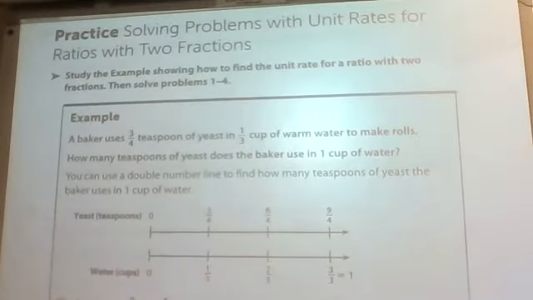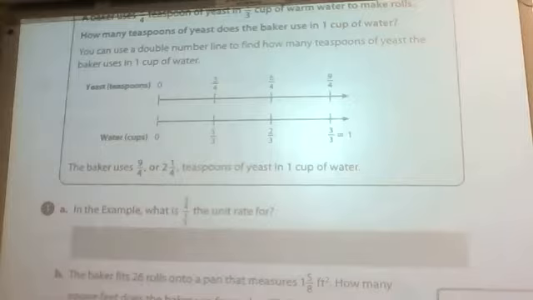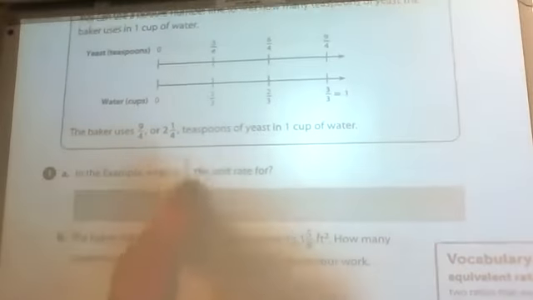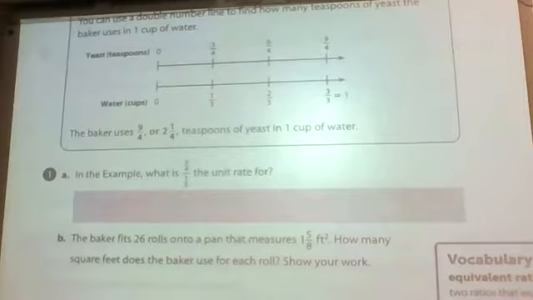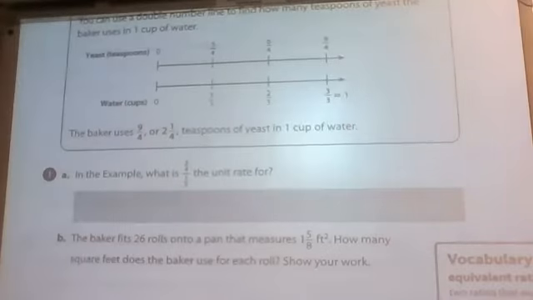The other way is to set this up. Now remember, the important thing is how you set it up correctly, as far as what goes on top and what goes on bottom.